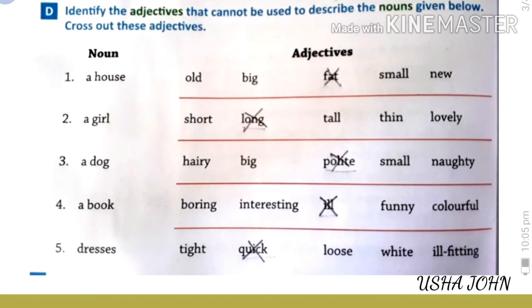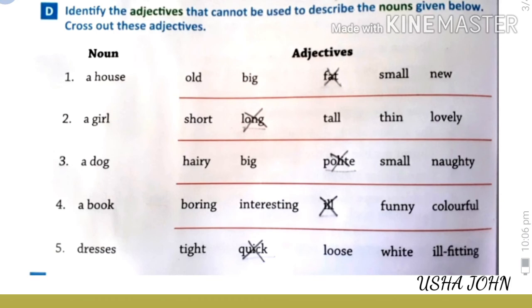The adjectives are boring, interesting, ill, funny, colorful. A boring book, interesting book, funny book, colorful book. All the adjectives are suitable for the noun book, except the adjective ill.